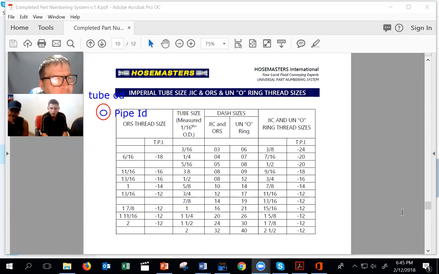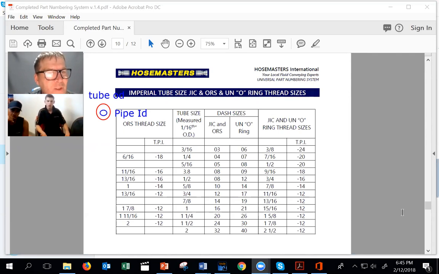No. Threads per inch. And so when you're measuring most fittings, it's about their pitch and their threads per inch.